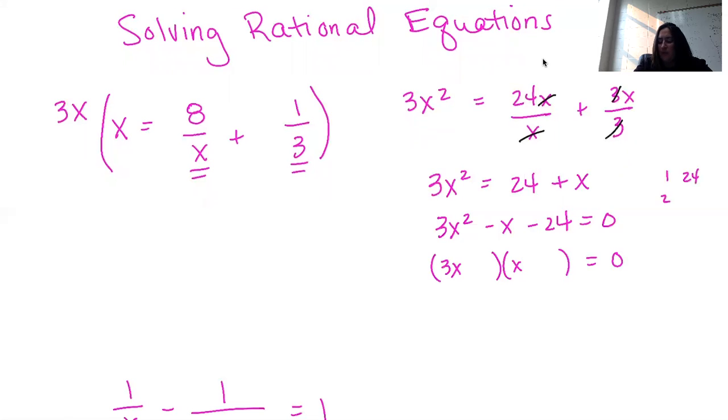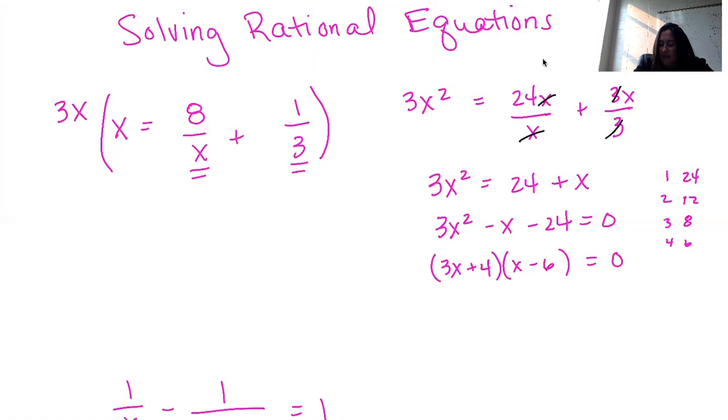We have 1 and 24, 2 and 12, 3 and 8, and 4 and 6. So we need numbers here, and we can try something. Sometimes you try something and it doesn't work. So I'm going to do a -6 and a +4. Let's see what happens.